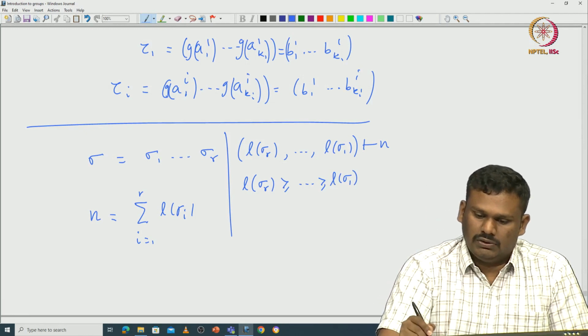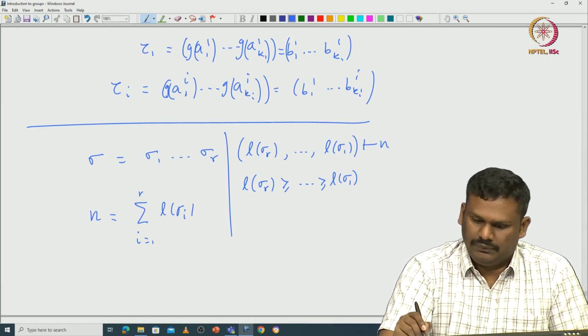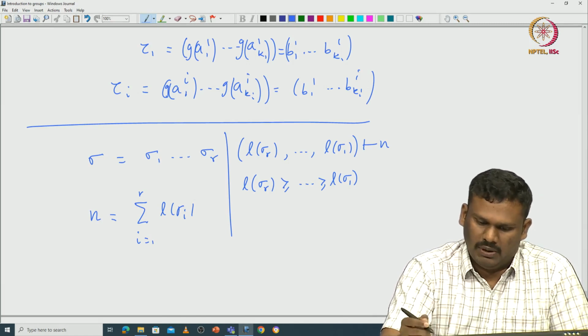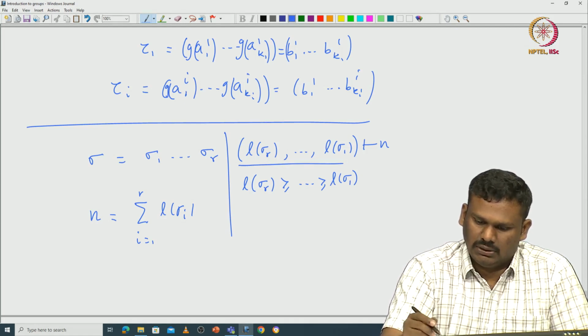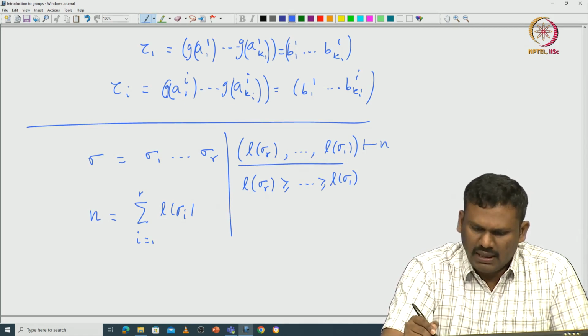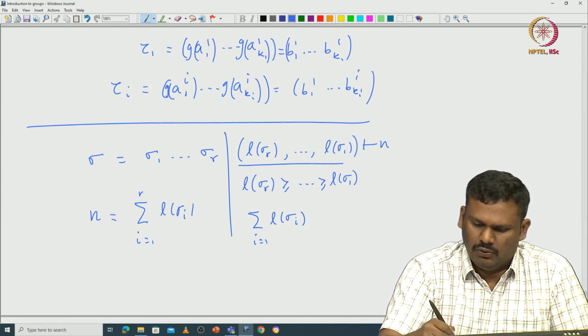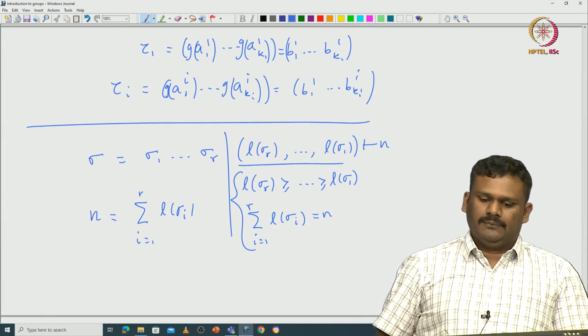And so a partition is nothing but a tuple of non-negative integers, though one can actually assume they are all positive integers, such that the sum of the lengths is exactly n, and it is a weakly decreasing tuple. So the summation of the lengths of sigma i, i ranging from 1 to r, should be exactly n, and it should be weakly decreasing.